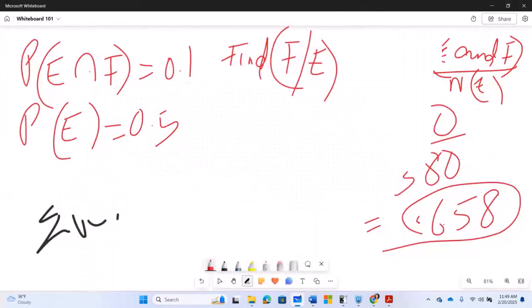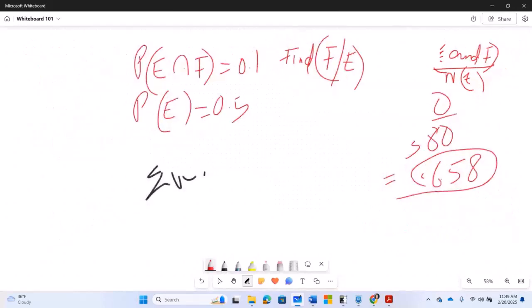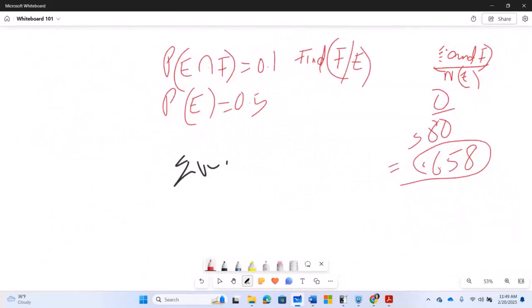So I hope you know how to say this. You should be able to say it. Find the probability of F, given that E happened first.